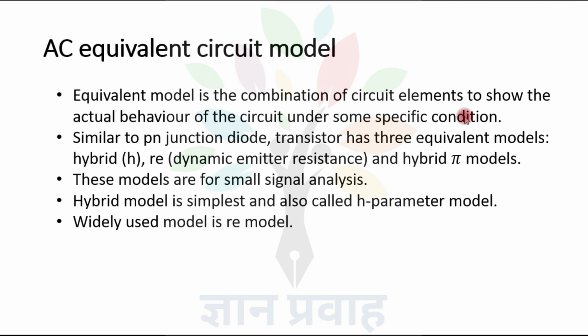Similar to that concept, there are three types of equivalent circuit models for the transistor: hybrid, represented by H, the re model, that is dynamic emitter resistance, and the hybrid pi model. The hybrid model is the simplest one and it was widely used before the re model was developed. Now the re model is widely used.